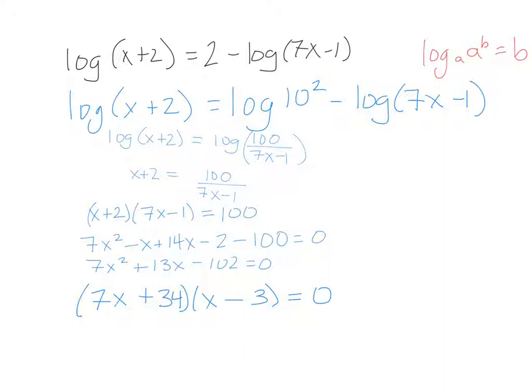The answers that we come up with, x equals negative 34 over 7, and x equals 3. We do need to look for extraneous solutions. Which would be negative 34 over 7. Why is that extraneous?